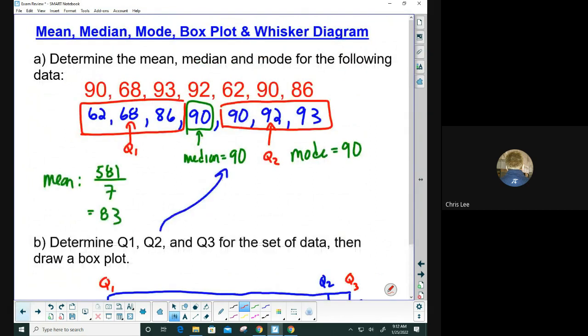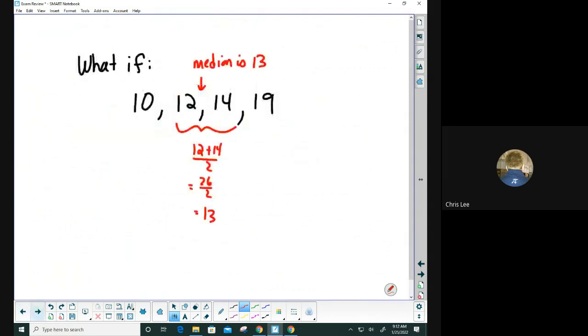Like if we had 4 numbers here, your Q1 would have to be the average of the 2 that are in the middle. And if you had 4 numbers here, your Q3 would have to be the average in the middle. So don't forget about that little part. Maybe you want to write that off to the side, what if, to remind yourself if you end up with 2 medians, we'll go from there.